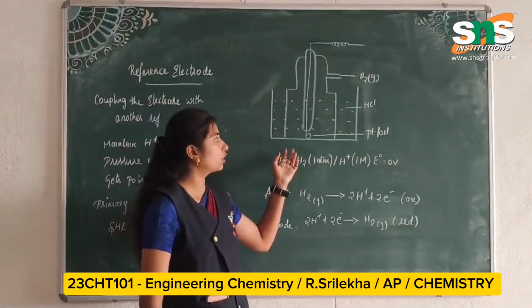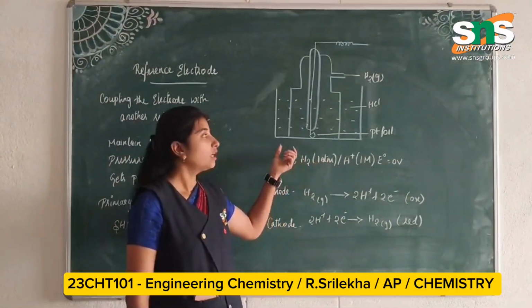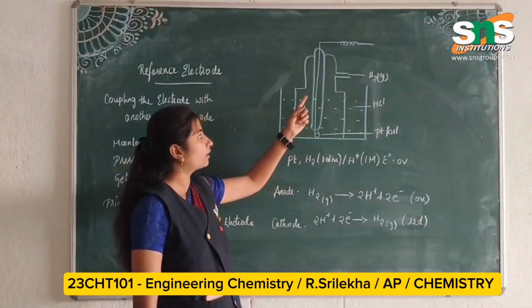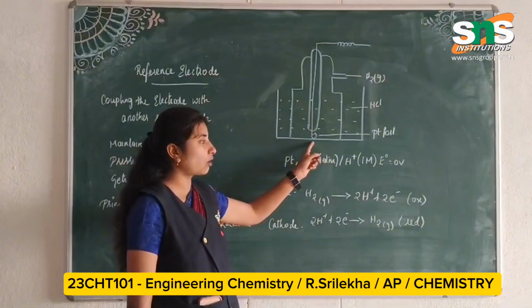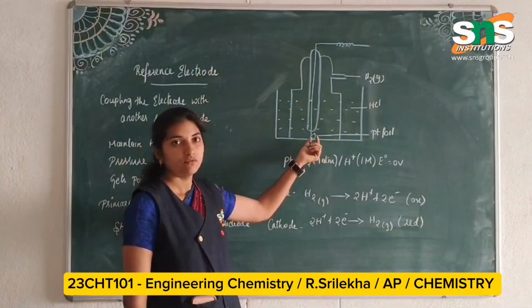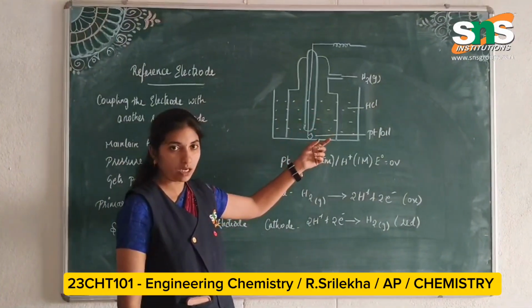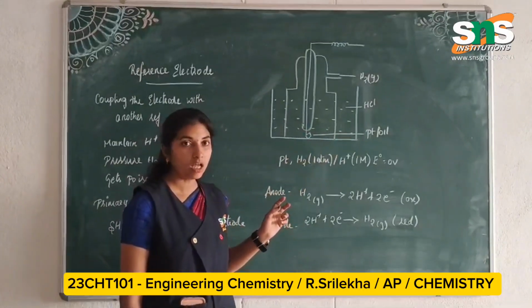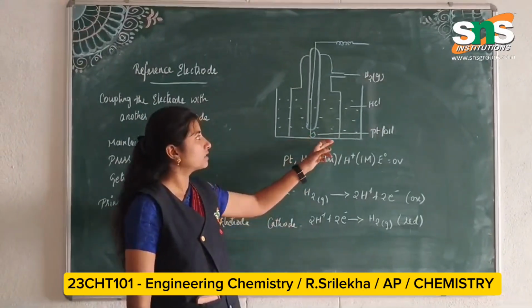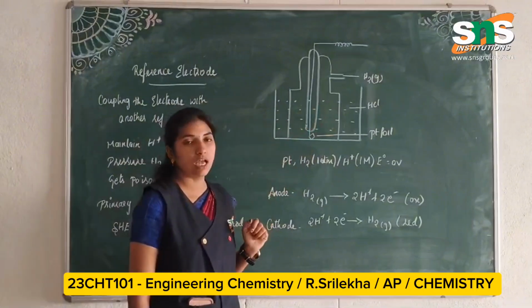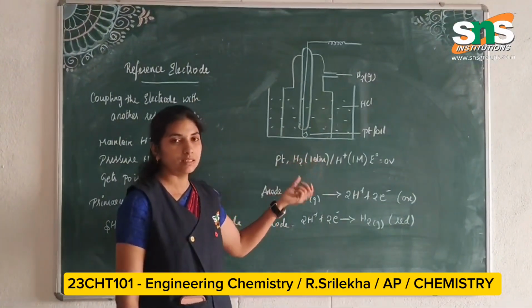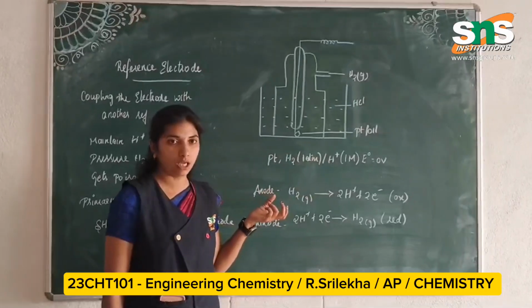So here I have prepared the diagram, a beaker in which a platinum foil connected to a platinum wire is immersed in a 1 M HCl solution, and H2 gas passes around the side arm of the electrode. So this is the reference electrode working.